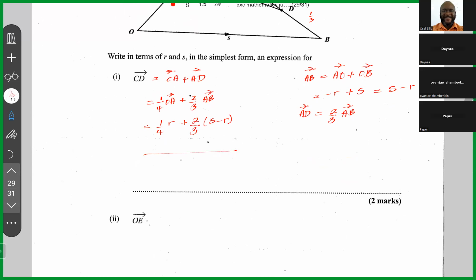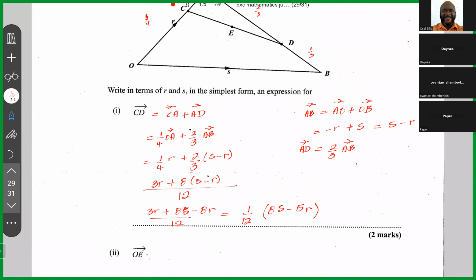Let's get the LCM, which is 12. 4 into 12 is 3, 3 times R is 3R. 3 into 12 is 4, 4 times 2 is 8. Simplify, we have 3R plus 8S minus 8R over 12. This is equal to 1/12 of 8S minus 5R. It's 1/12 of 8S minus 5R in its simplest form.